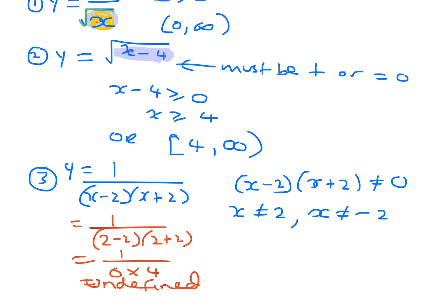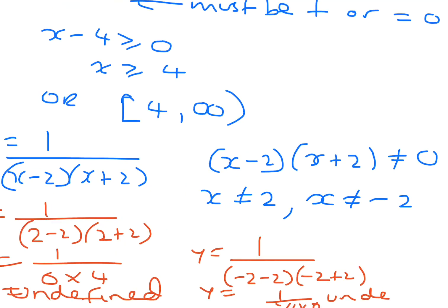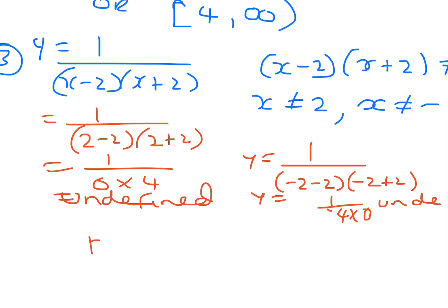The same as if you put in minus 2, you get minus 2 minus 2 times minus 2 plus 2. So you get 1 over minus 4 times 0, which is undefined. So therefore, when you write the domain for this one, the domain would be basically all real x except x equals minus 2 and 2.